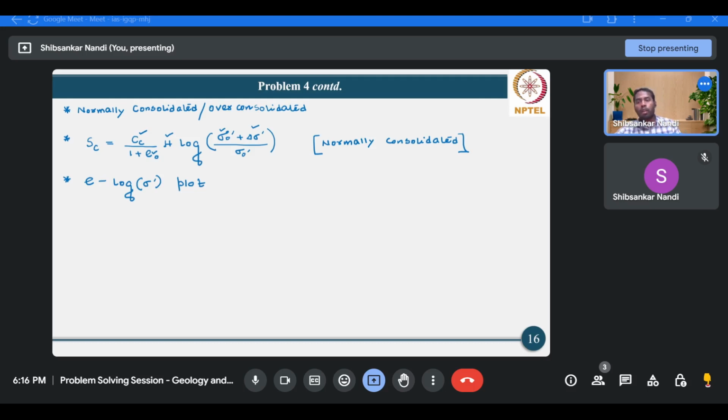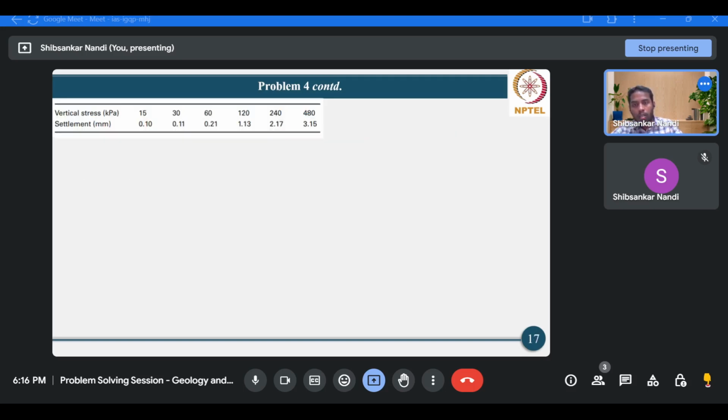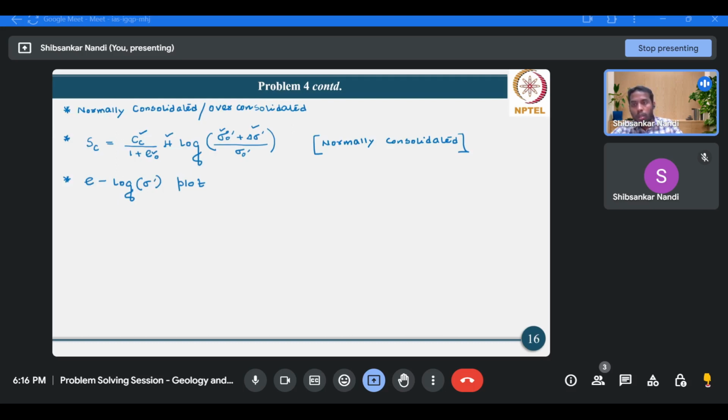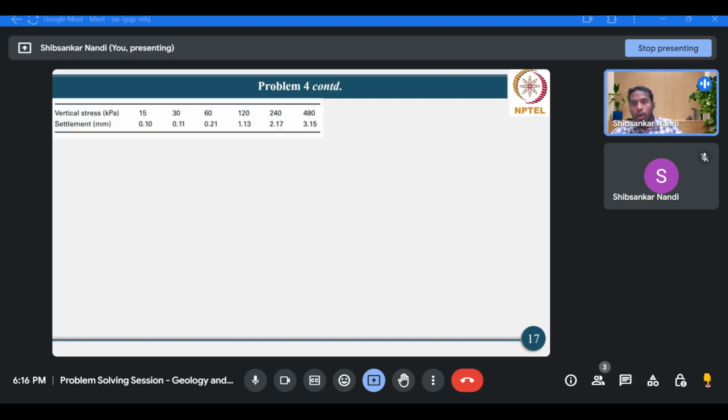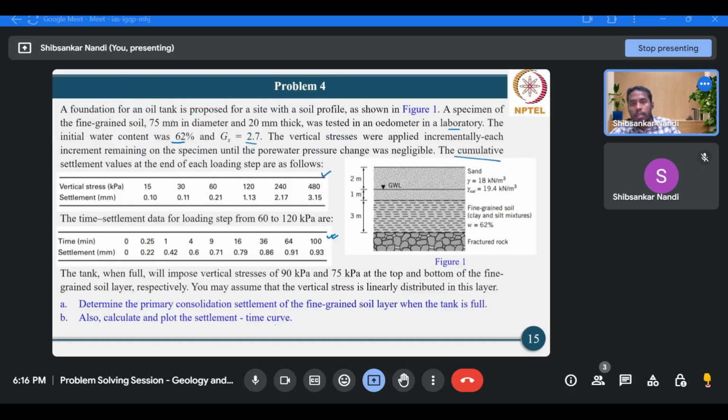Now to draw this e-log sigma prime plot, we'll have to use this data, vertical stress versus settlement, given in the first table. In the first row, vertical stress, and in the second row, the corresponding settlement values are given.